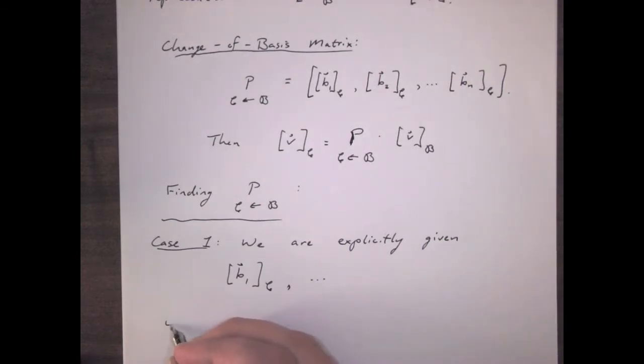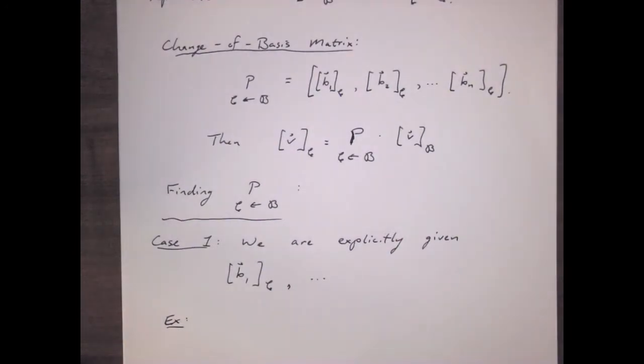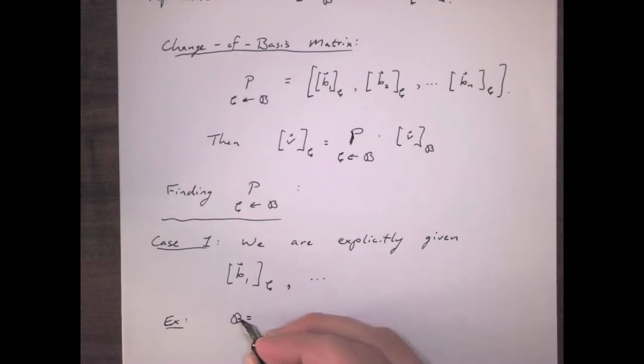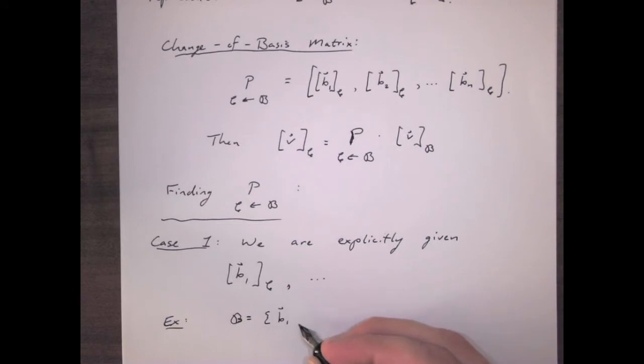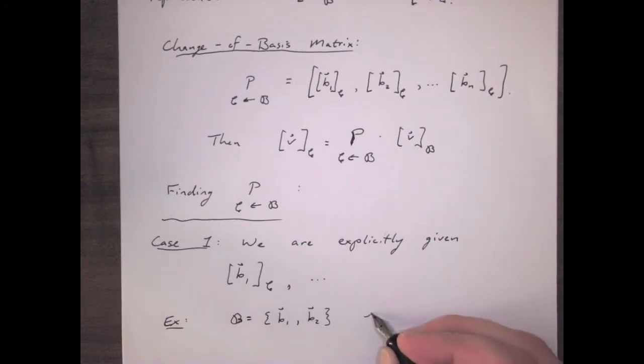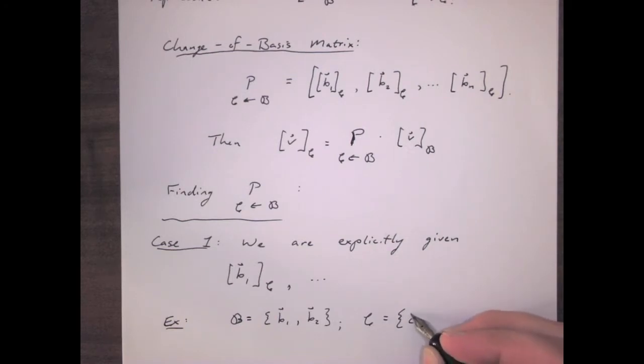So an example here would be like the following. We could have B has the two elements B1, B2, and C has two elements, and we know that they always have to have the same number of elements, C1, C2.